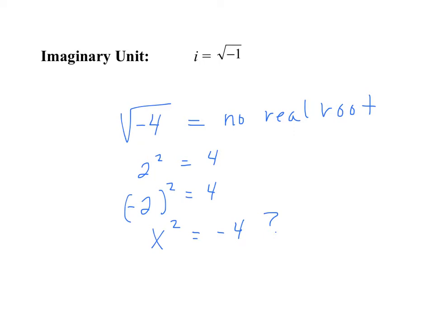Today we are now going to be able to explain how we can still take the root, in this case the square root of -4, by using the imaginary unit i.